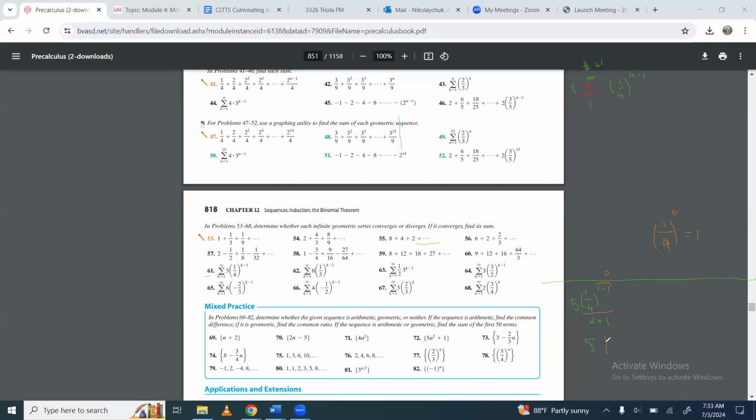So the next term will be 5 multiplied by 1/4. 5 is staying on the outside, but now that same 1/4 is raised to the power of the second term, so it's 2 minus 1. And 2 minus 1 will give us just 1, the first power. I will be multiplying 5 by 1/4.